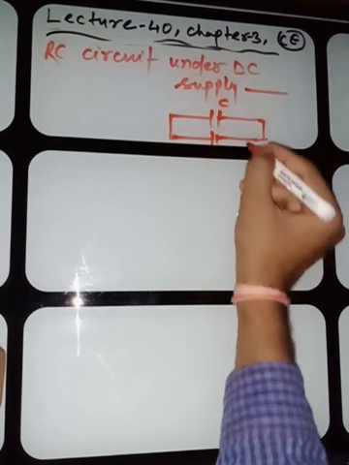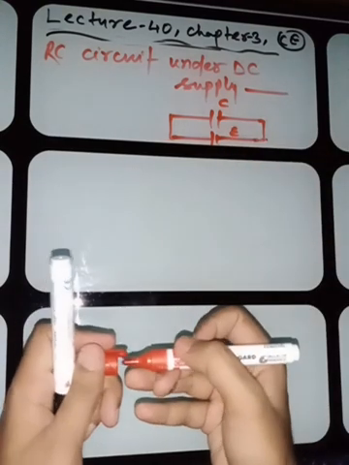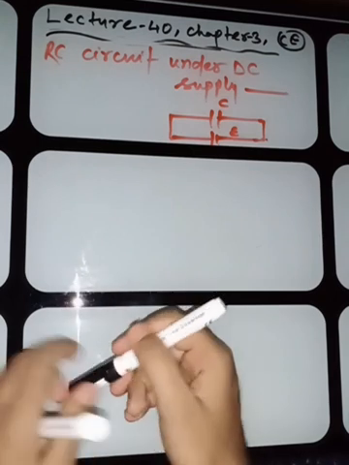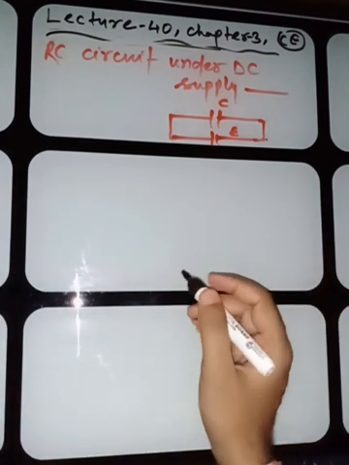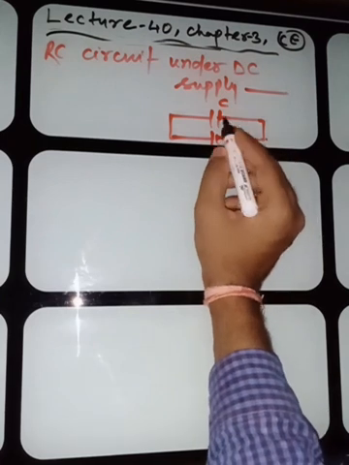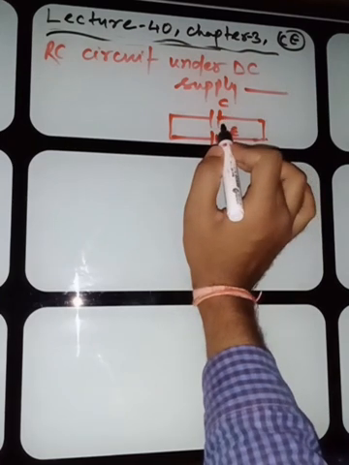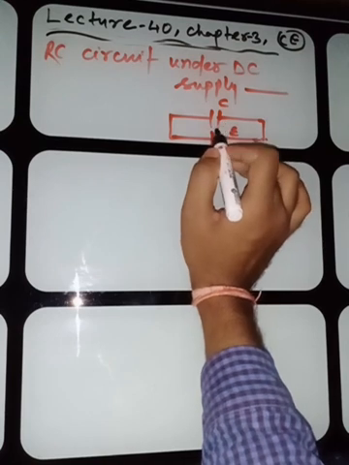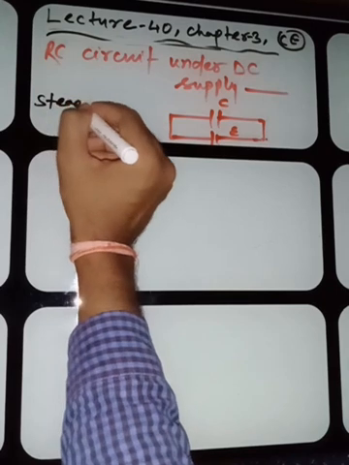This is the capacitor and this is the EMF E. Remember student, whenever we connect a DC battery or cell with a capacitor, this type of circuit attains a steady state. This is very important. A steady state.